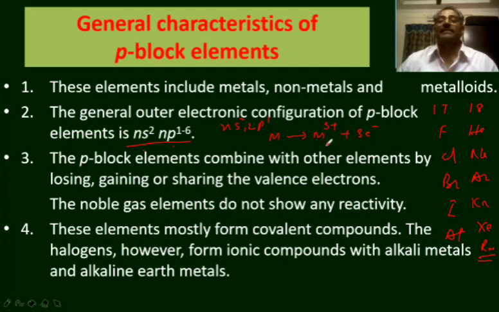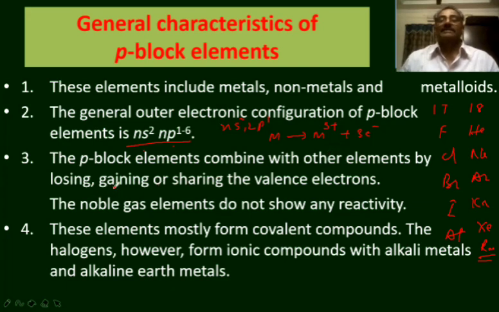The covalent compounds are formed by the sharing of electrons. The elements on the right side, that is fluorine, chlorine, bromine and iodine, can gain electrons and become negatively charged ions. So usually the halogens can form ionic compounds with alkali metals and alkaline earth metals.